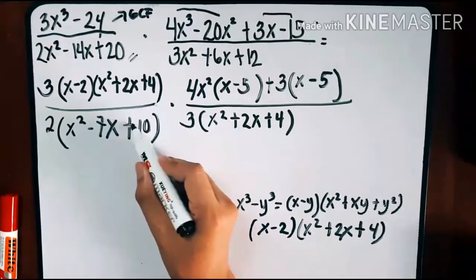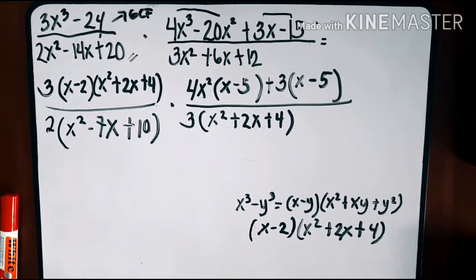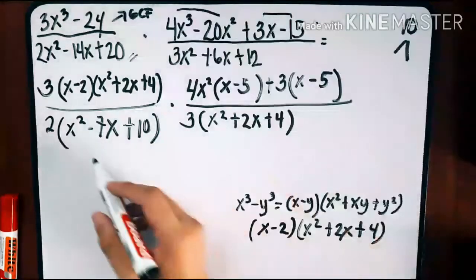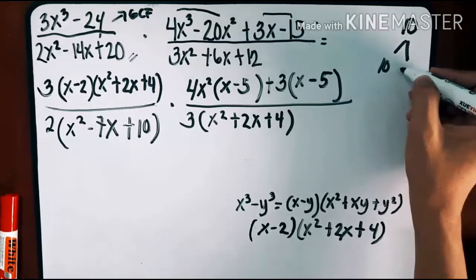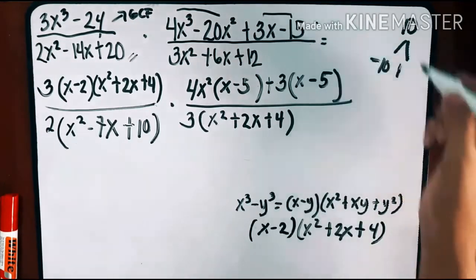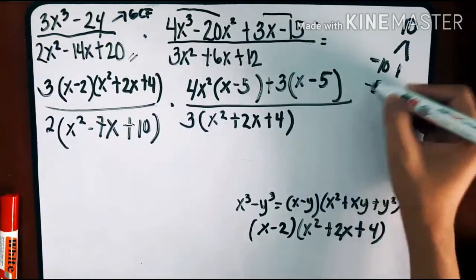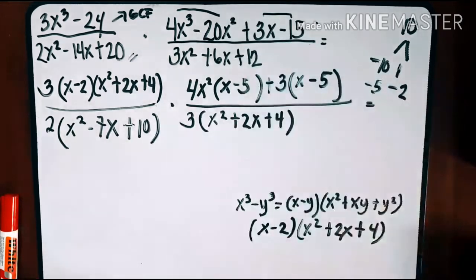Let's try to factor this trinomial if possible. Let's think of two numbers that have a product of 10 and a sum of negative 7. If 10 and 1, or negative 10 and 1, that won't work. But if we use negative 5 and negative 2, it has a product of positive 10 and a sum of negative 7.